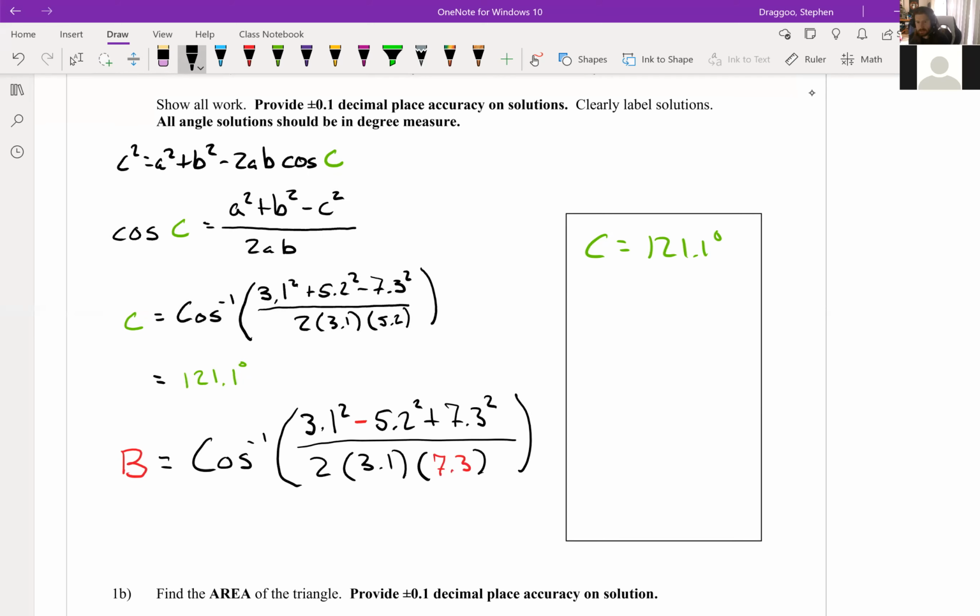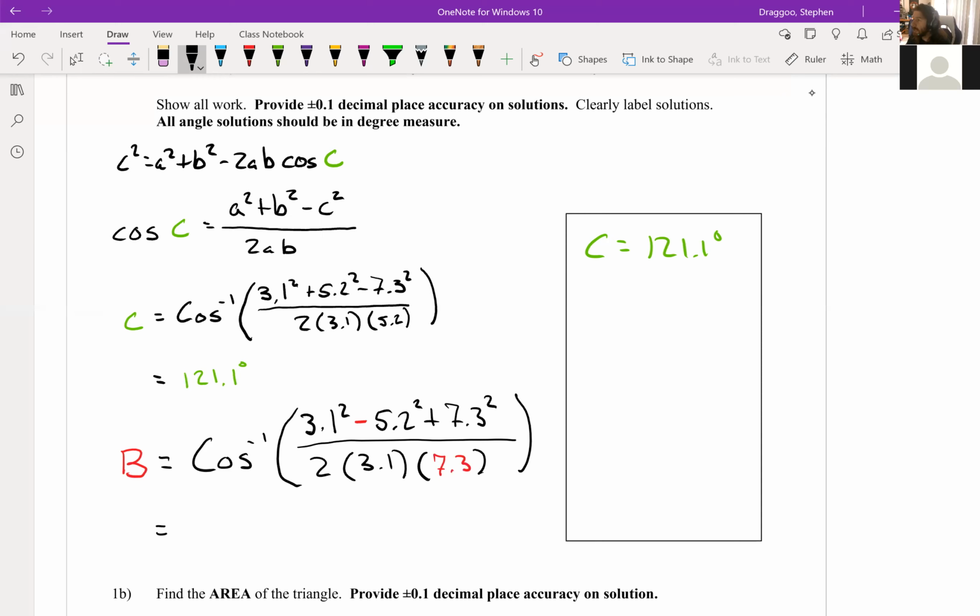I'm basically just switching out side B and side C, that being the only difference between calculating C and calculating B. It just makes it a little easier since you're using a calculator. You just go back and edit the equation you just put in.